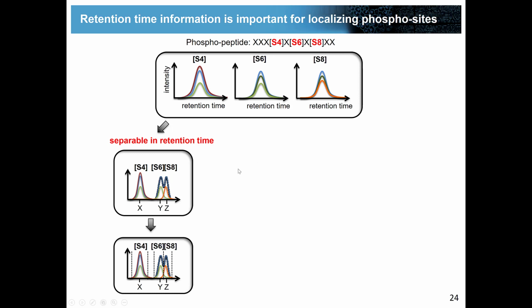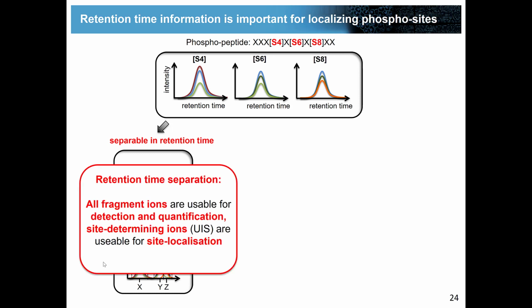And once you have identified which phosphopeptide is which group, you can use all of those transitions to quantify that peptide, right? So you have separation in retention time. You can use all fragments to detect and to quantify a peptide. Use the unique ion signatures to localize which of these peak groups is which site.